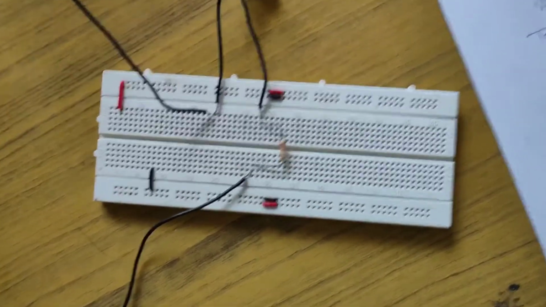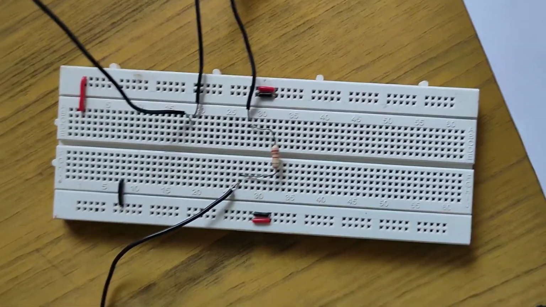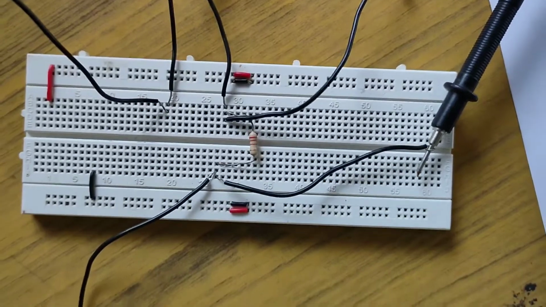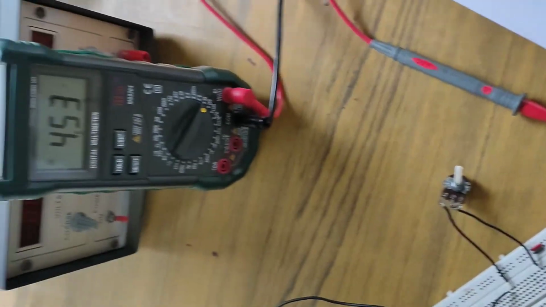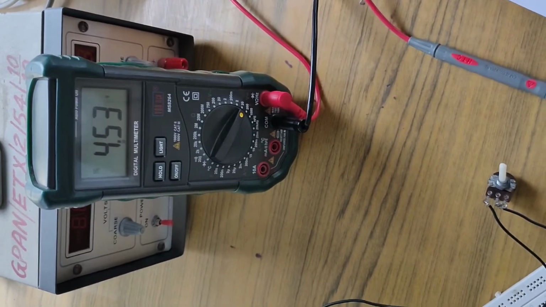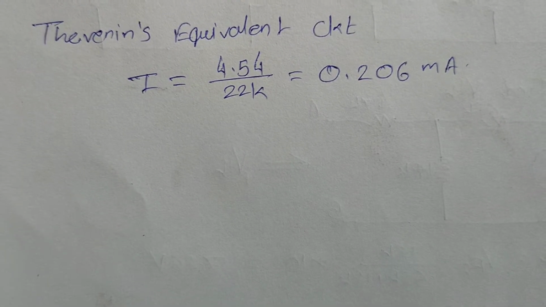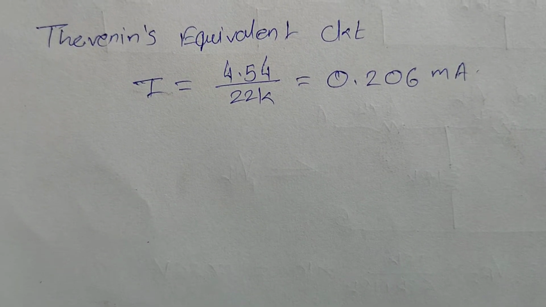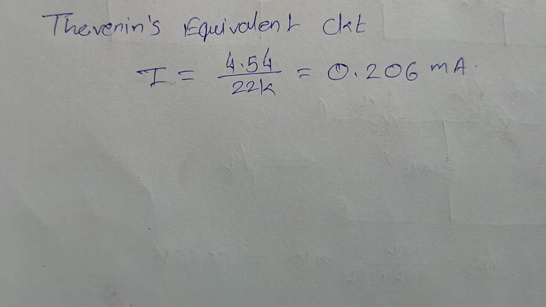Okay, so this is the Thevenin's equivalent circuit. Now we have to find out the current through this resistance R. If you connect a voltmeter across this resistance, you will get a reading of 4.53 volt. If you calculate this current, we will get I equal to 0.26 milliampere.